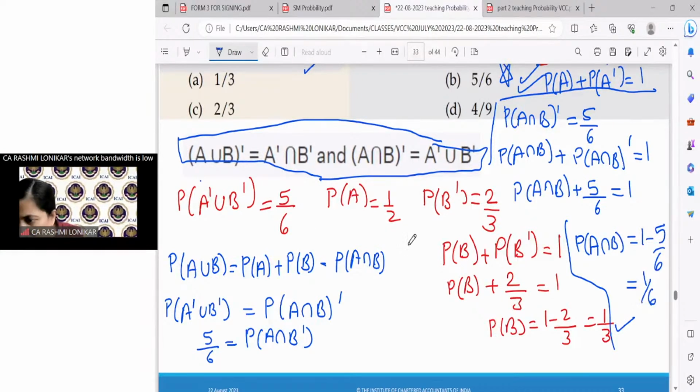So now I have all the numbers. What will I do? I will put them over here.